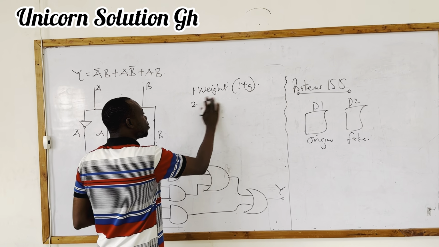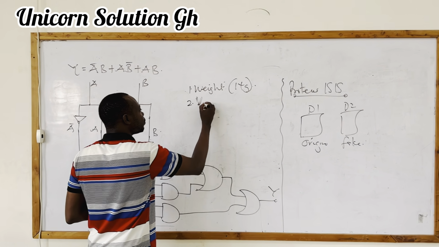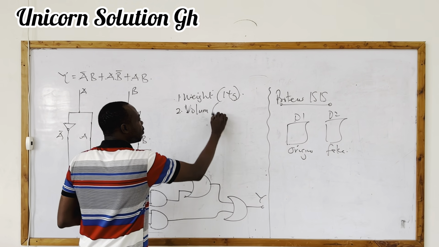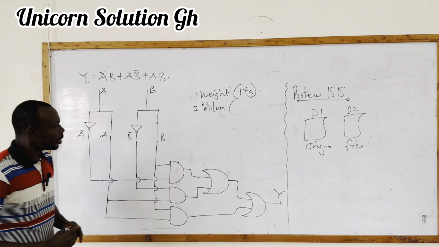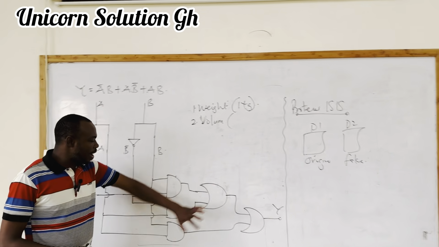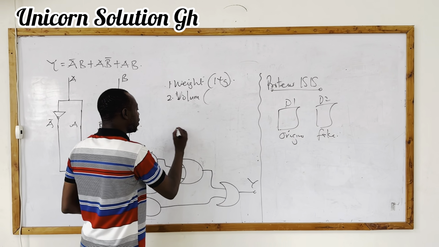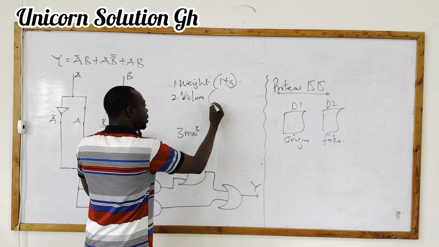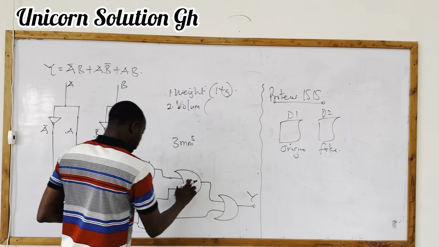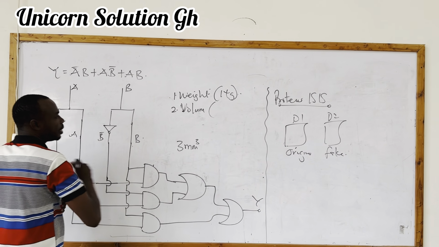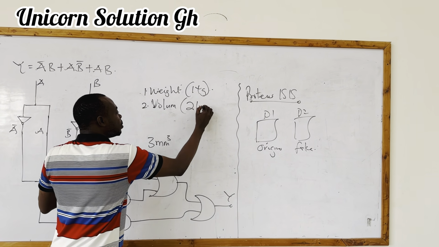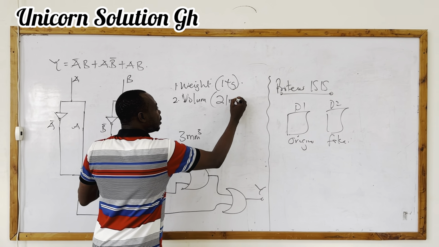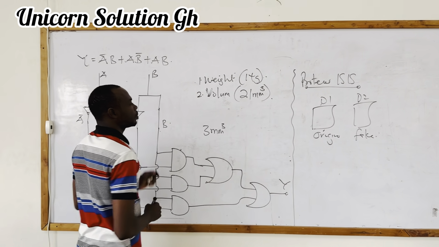Now let's go to volume, the volume of the device that we are going to design. Assuming one gate gives me maybe 3 millimeter cube, at the end of the day, if I multiply this by 1, 2, 3, 4, 5, 6, 7, we are going to have 21 millimeter cube.